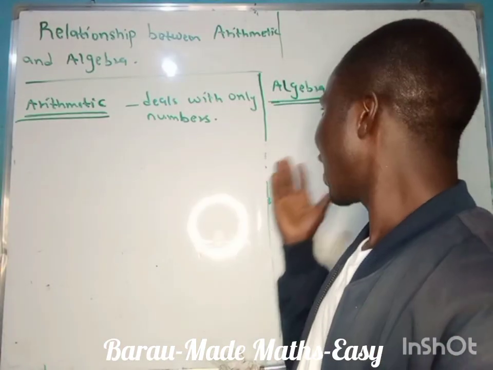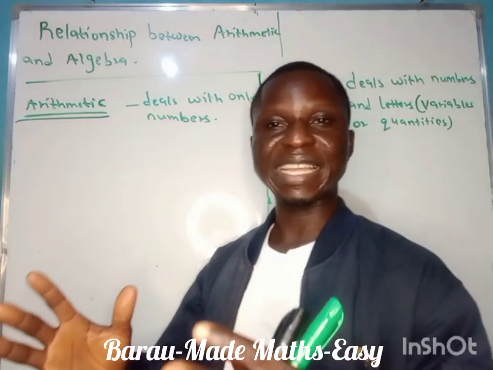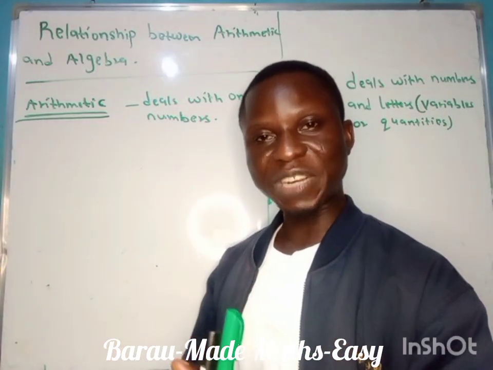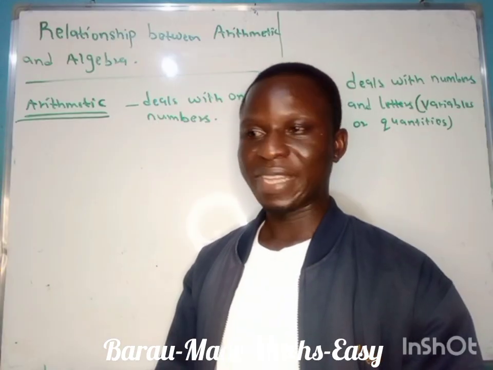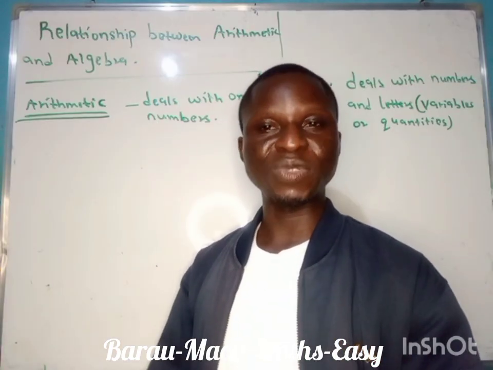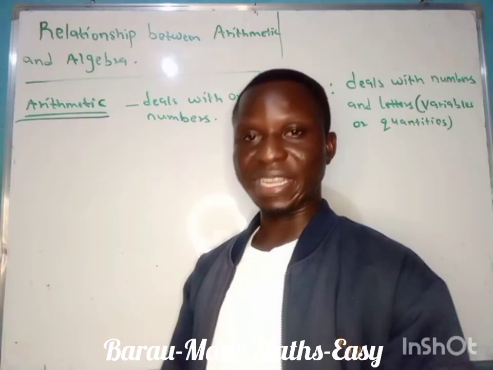One may ask, in algebra, what are those letters representing? Those letters are representing quantities. Those letters are representing variables. The real life objects we have been using in our day-to-day life can be represented with letters.